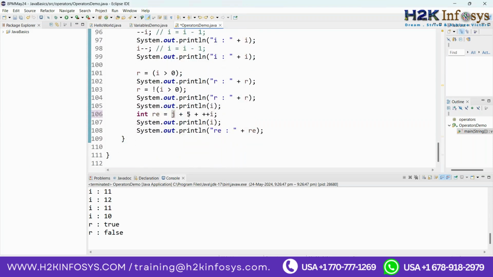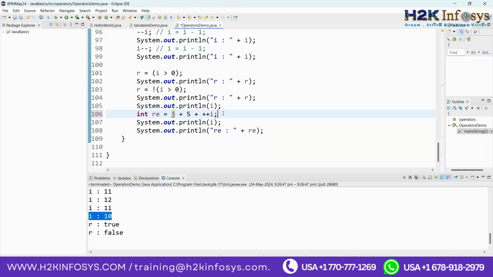Now tell me, j plus 5. 20. 15 plus 5 is 20. Then plus i, and the latest i value is 10, so 30. Some say 31, because i becomes 11.